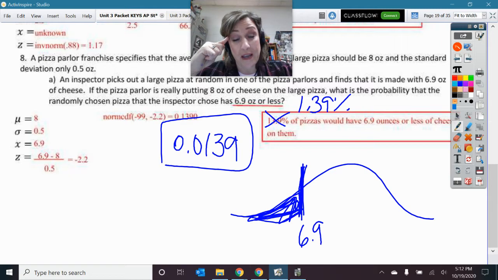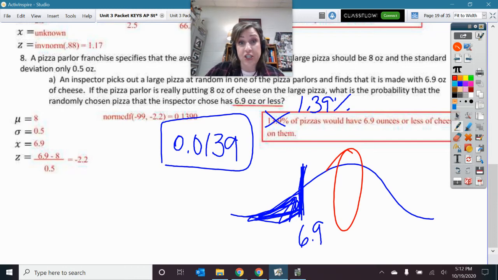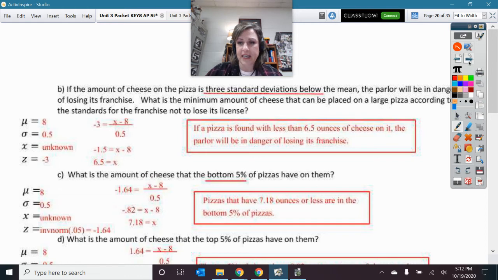So that tells the inspector either I've got a really rare pizza, or the inspector says, I'm not so sure that your average is really at 8. So you might be chinsing out the customers and not putting 8 ounces of cheese on those pizzas. All right, so let's move on to the next one.